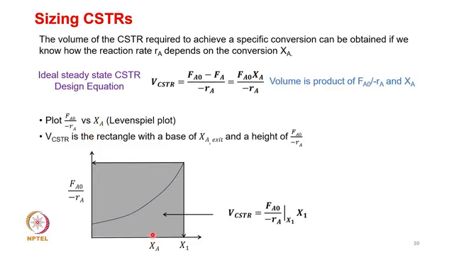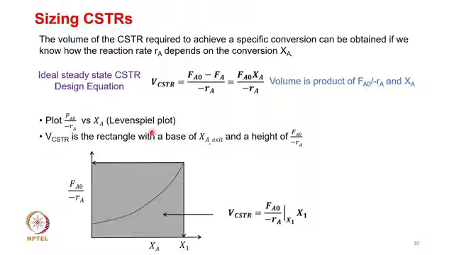When we plot it, you could see that eventually it would result in a curve, but the volume of the reactor is a product of FA naught by minus RA times XA. So the volume of the CSTR you could just extract as this particular rectangle, because this part is FA naught by minus RA and this part is XA.